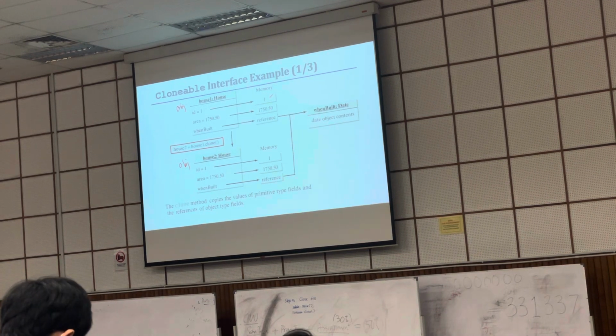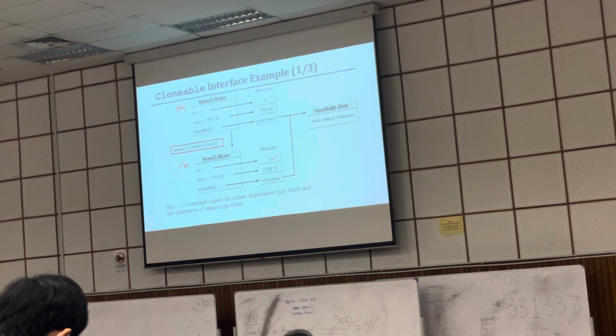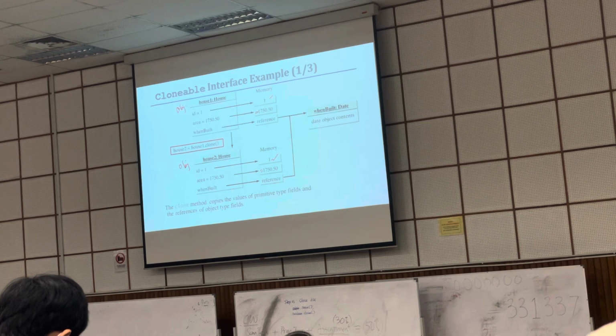This one also will have its own data in memory. When you compare, because these are primitive types, they are actually comparing the content. Area also will have its specific area, and this one also has a specific area in a memory location. When you're using the equal operator, because they are primitive types, it will compare the content.